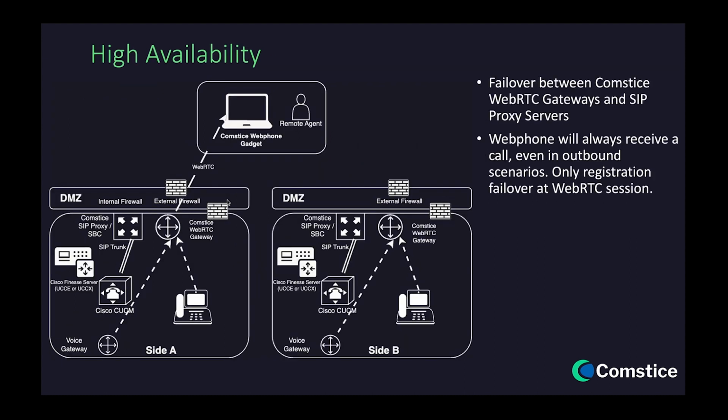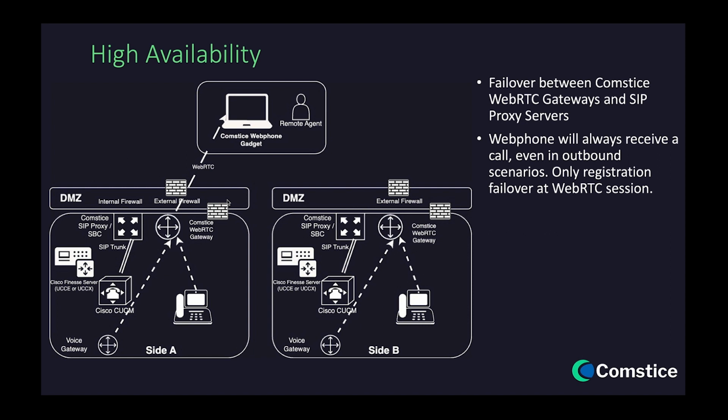In terms of high availability, there are different layers. The first starts at the web browser and web proxy level. If the web proxy that helps us access the Finesse web page is not available, the external address of the Finesse server can fail over to the secondary web proxy.